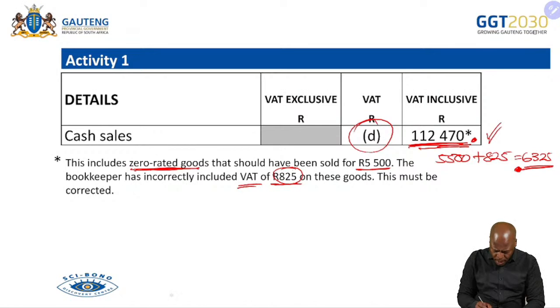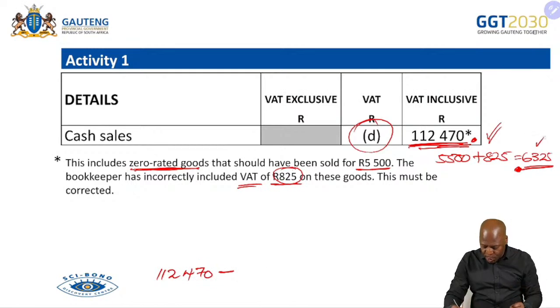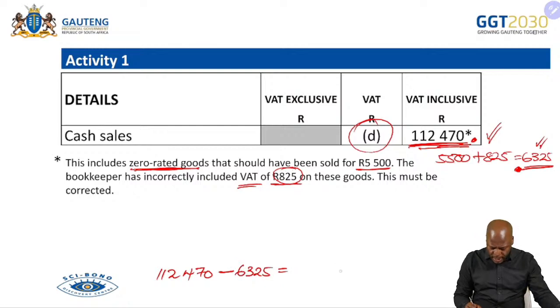What are we given? We're given the inclusive, which is 112,470. What do I do? I take out. What do I take out? These zero rated goods. 6325. Please punch that in your calculator.